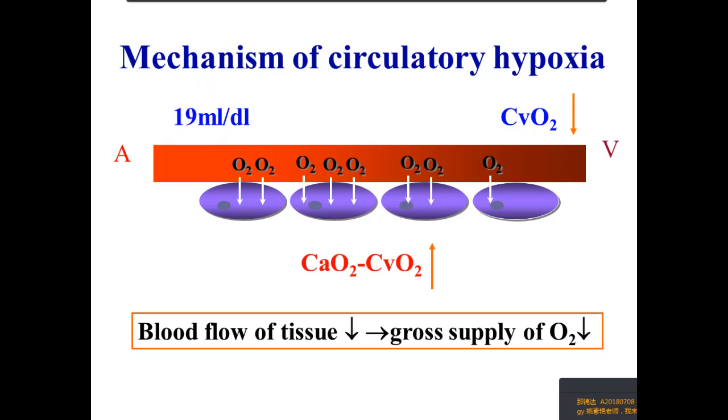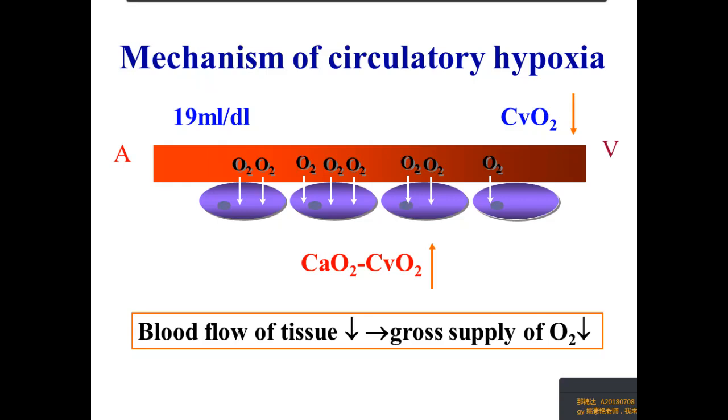So artery venous difference of oxygen content in circulatory hypoxia, it increase, but because blood flow of tissue decrease, so gross supply of oxygen also decrease. So the patient also happen hypoxia. So during the circulatory hypoxia, artery venous difference of oxygen content increase, but also happen hypoxia because gross supply of oxygen decrease.